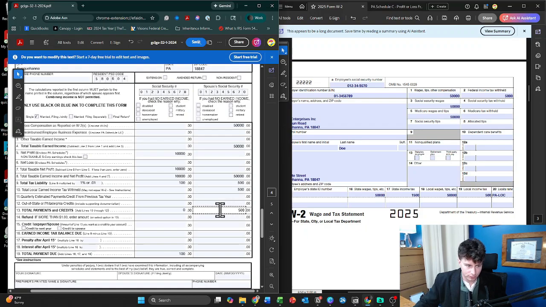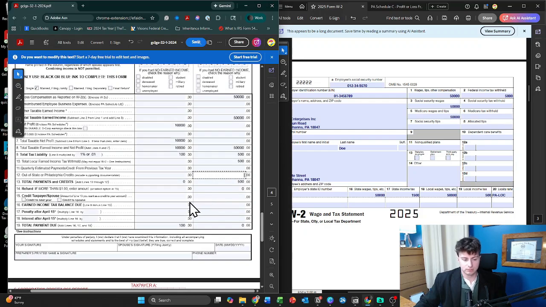In this case, she does not, so it is just that $500, her total payment from what was withheld on her W-2. And she is not getting a refund, and she does not owe anything. So we can enter 0 there, and we can enter 0 here as well.